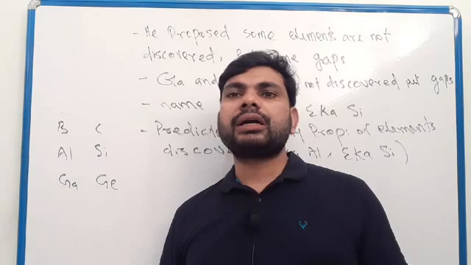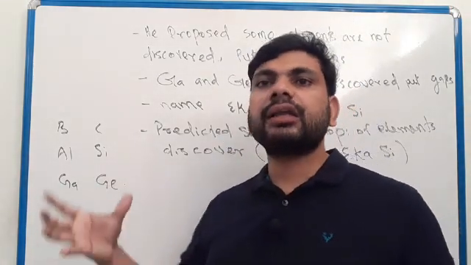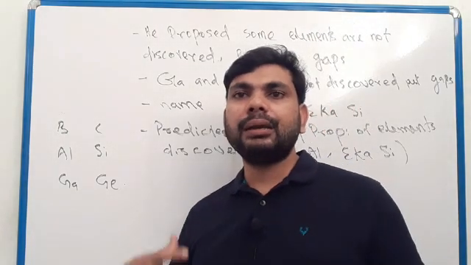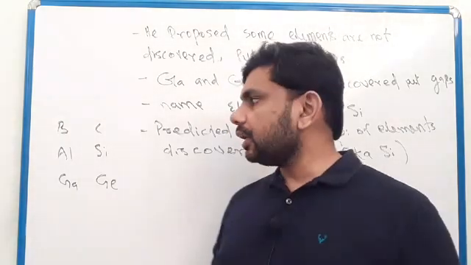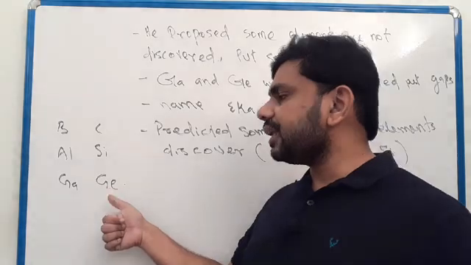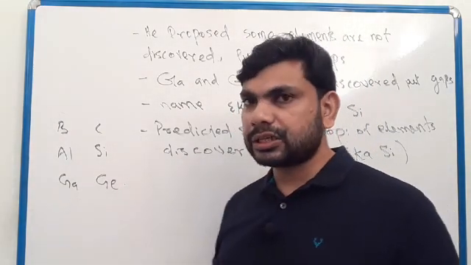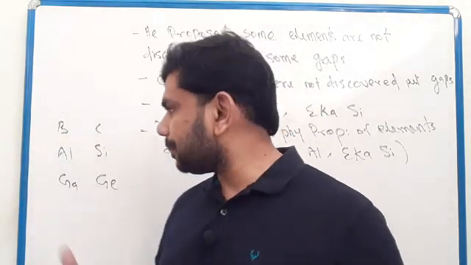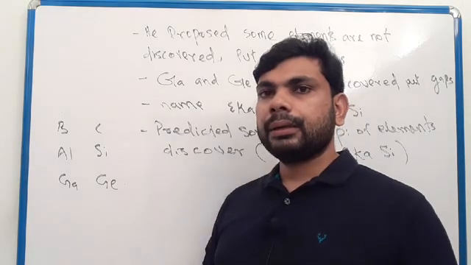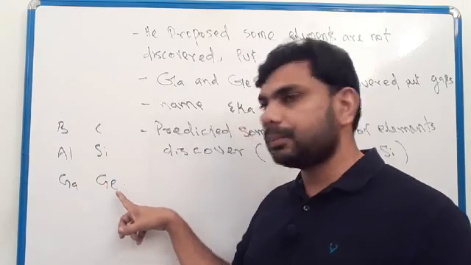Also, he predicted the physical and chemical properties of the elements to be discovered in future. This is a very important point in Mendeleev's periodic table. In Mendeleev's time, gallium and germanium were not discovered, and he left gaps for them.